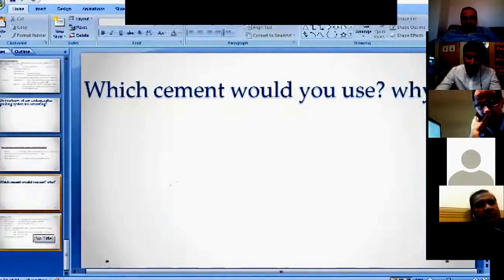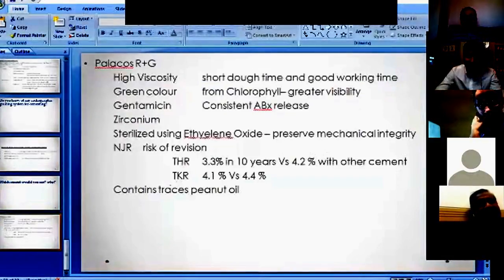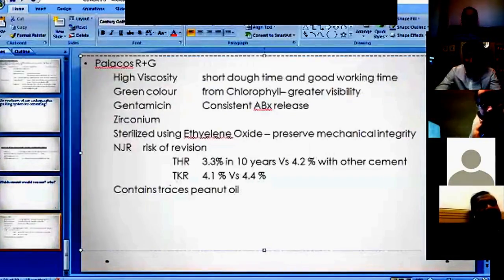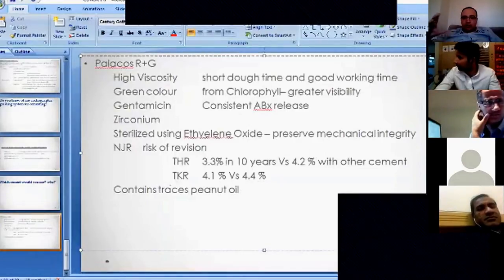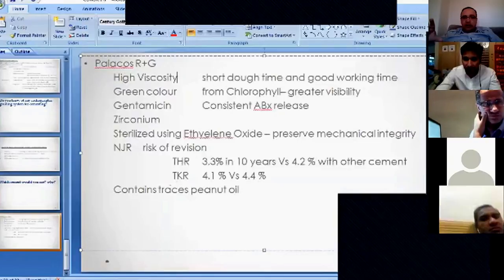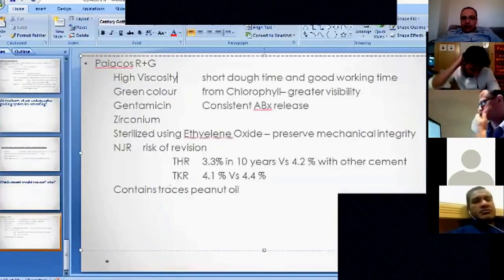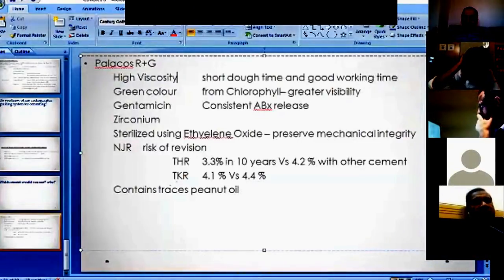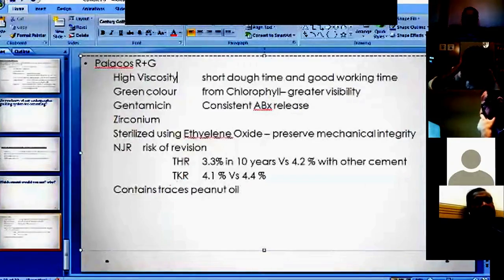You passed already. But like any other material you use in your practice, whether you use prosthesis, trauma implant, suturing, anything, you should have, for the exam, an evidence-based backup of why you use it.